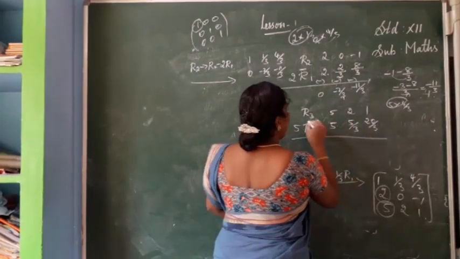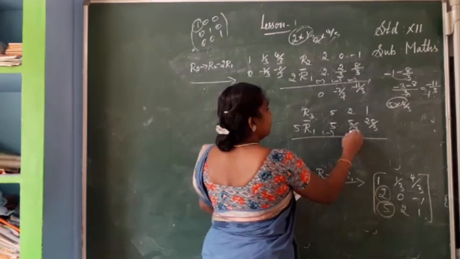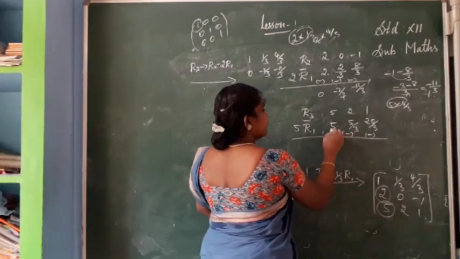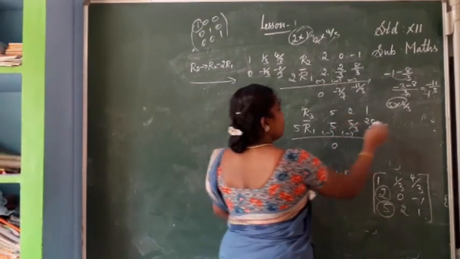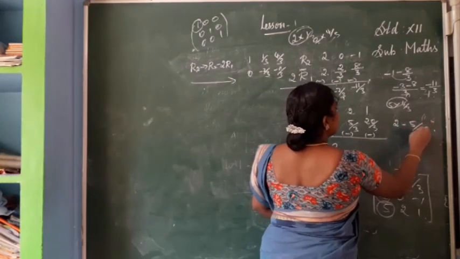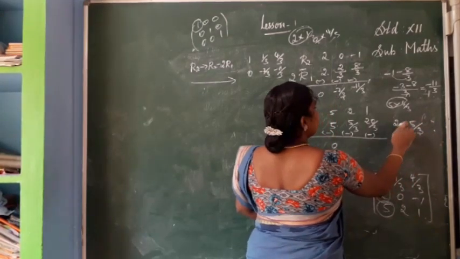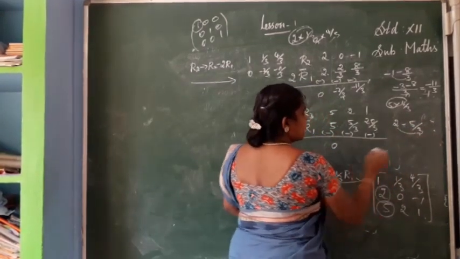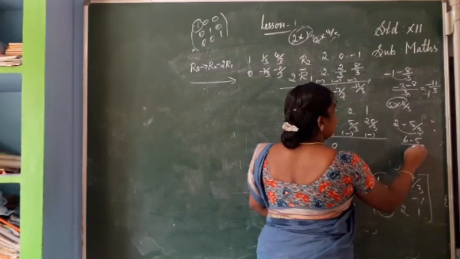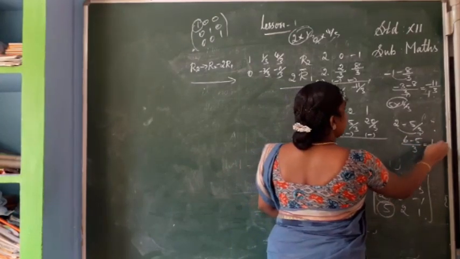Now here also you have to subtract. 5 minus 5 is 0. 2 minus 5 by 3: see the calculation, 3 2s are 6, 6 minus 5 is 1, so 1 by 3.